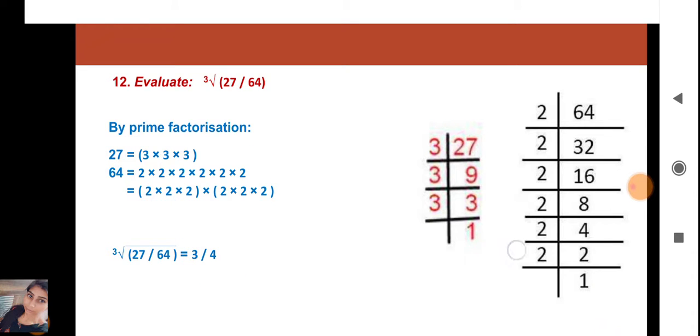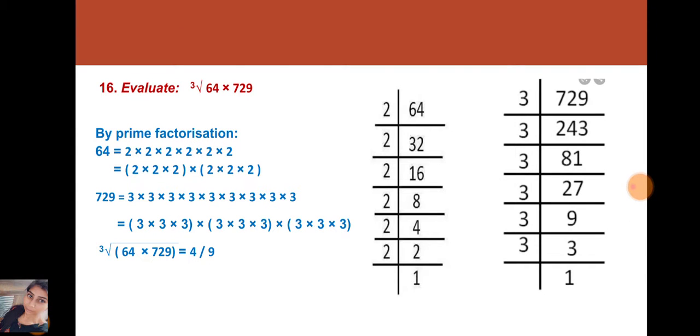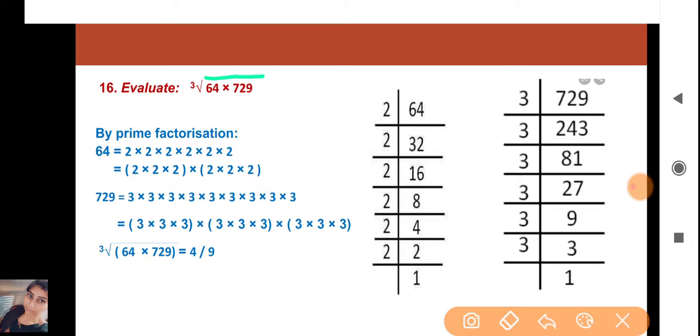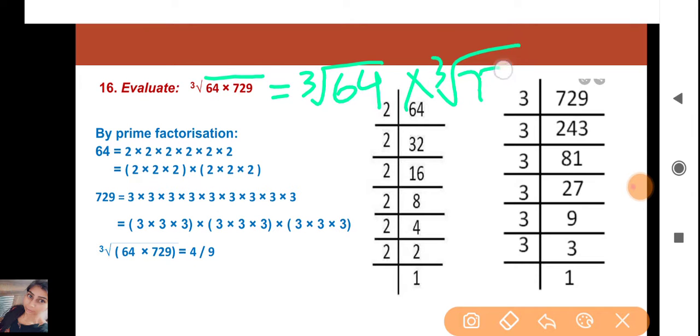So now let's see the next type of question. Next type of question is the product of cube roots. So as I've told you, whenever you need to find out, this will be cube root of 64 multiplied with cube root of 729. So let us individually find out the cube root of 64 and then 729.